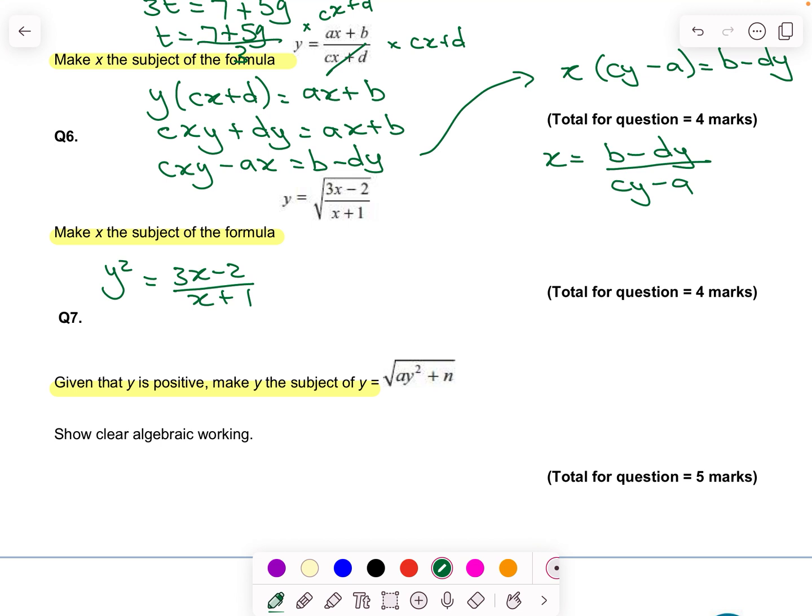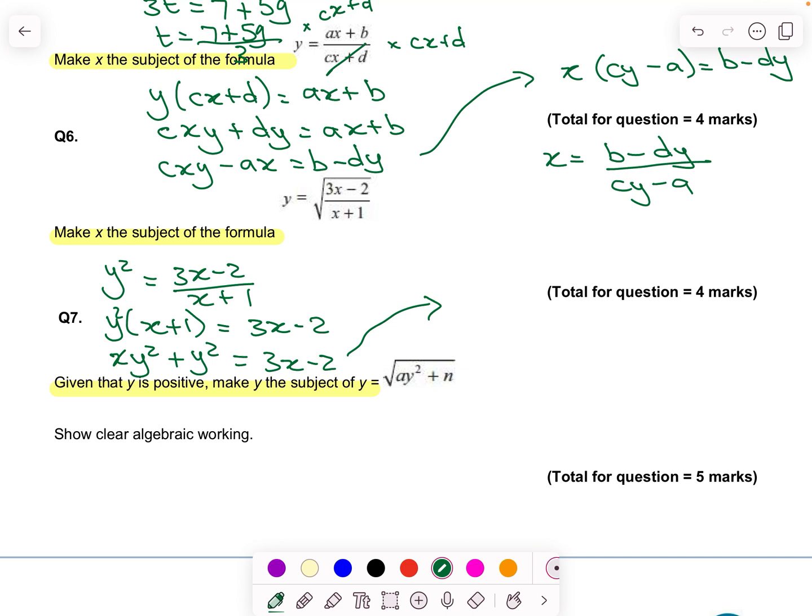I'm going to multiply by x plus 1. So y squared times (x plus 1) equals 3x minus 2. Multiply out the brackets and I get x times y squared plus y squared equals 3x minus 2.